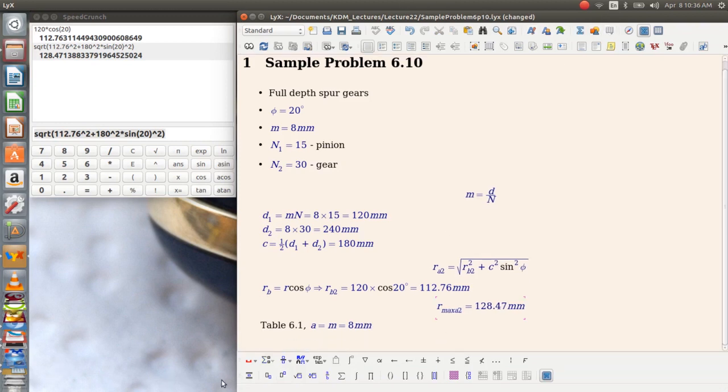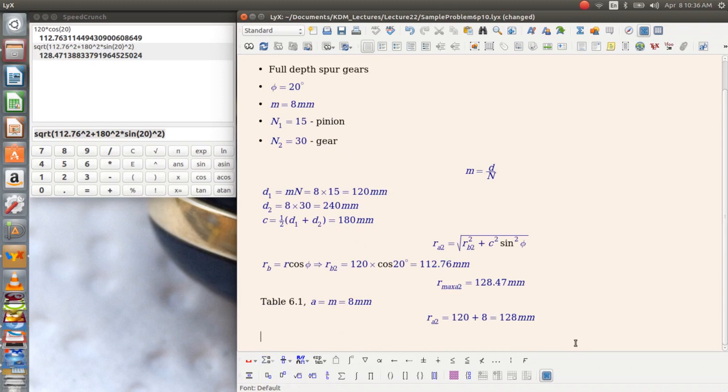So the actual addendum radius for gear 2 is going to be equal to the pitch radius, which is 240 divided by 2, or 120, plus the module, which is 8, or 128 millimeters.